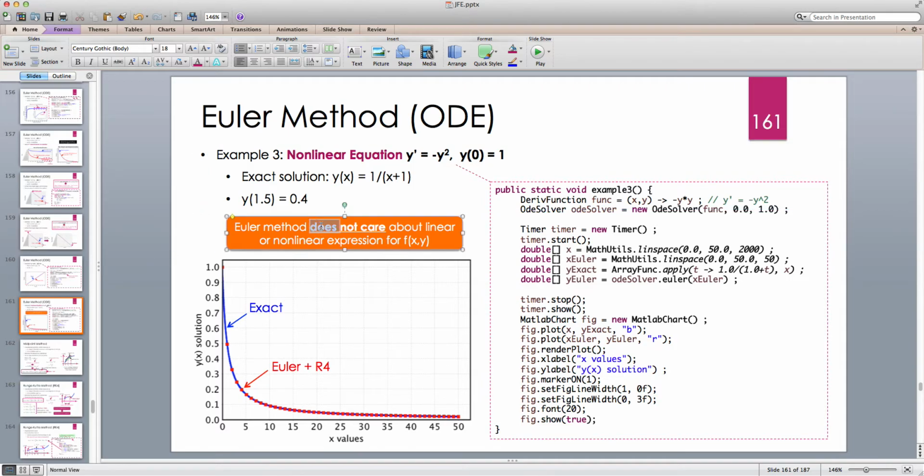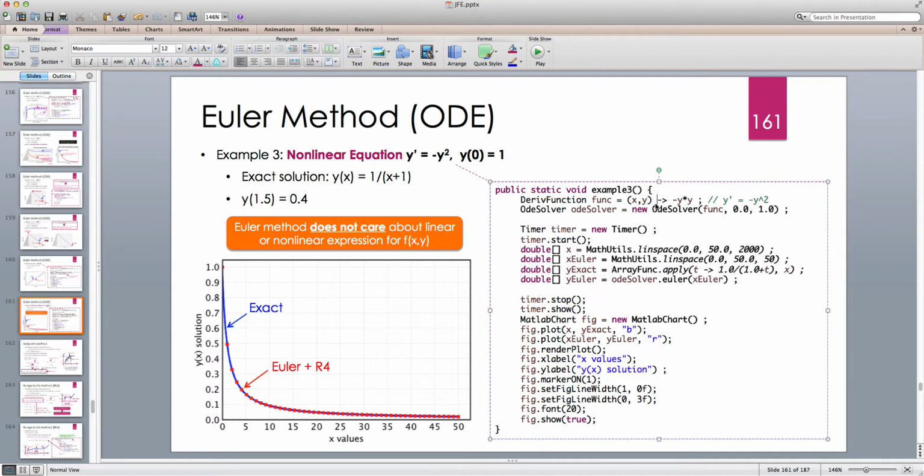And as I mentioned, the Euler method does not care about linear or nonlinear expression for f of x and y. As long as we can write it as y prime equals f of x and y, we are always able to solve it.